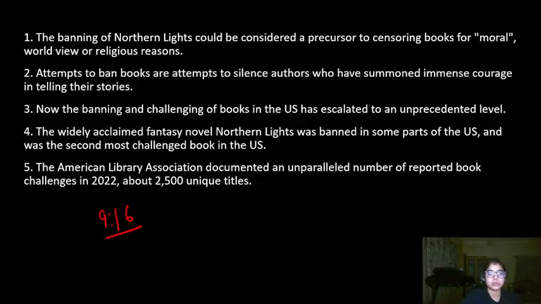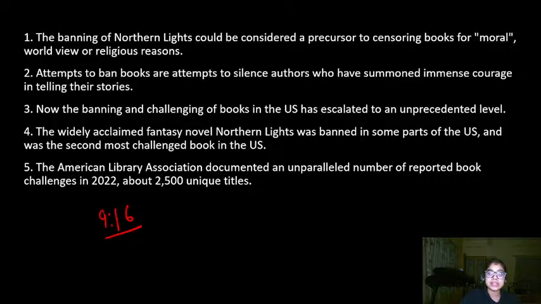Let's check the approach. First, obviously, we'll read all the statements. First: The banning of Northern Lights could be considered a precursor to censoring books for moral worldview or religious reasons. Second: Attempts to ban books are attempts to silence authors who have summoned immense courage in telling their stories.